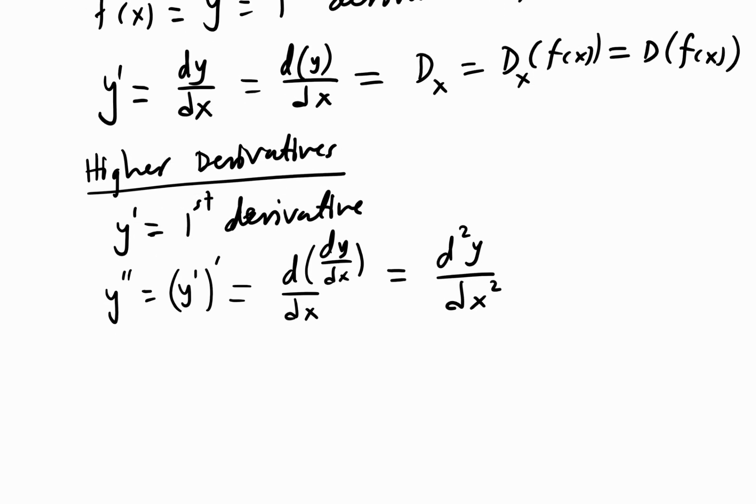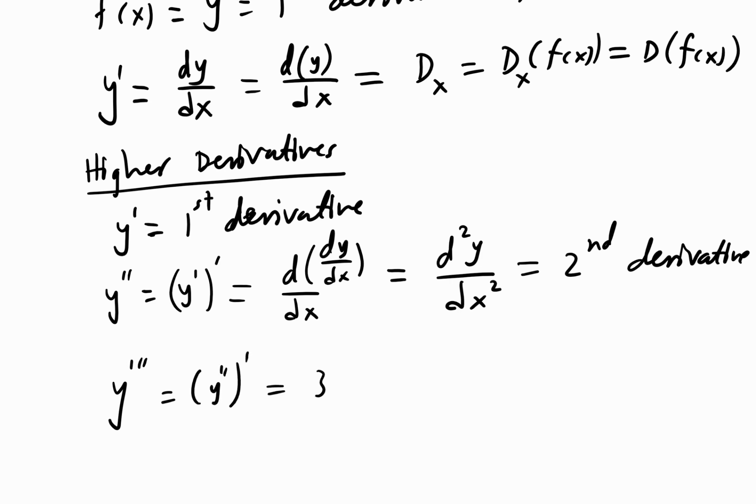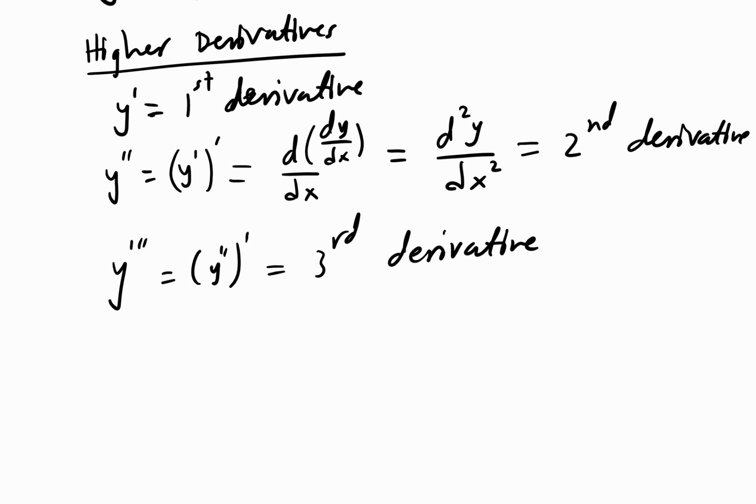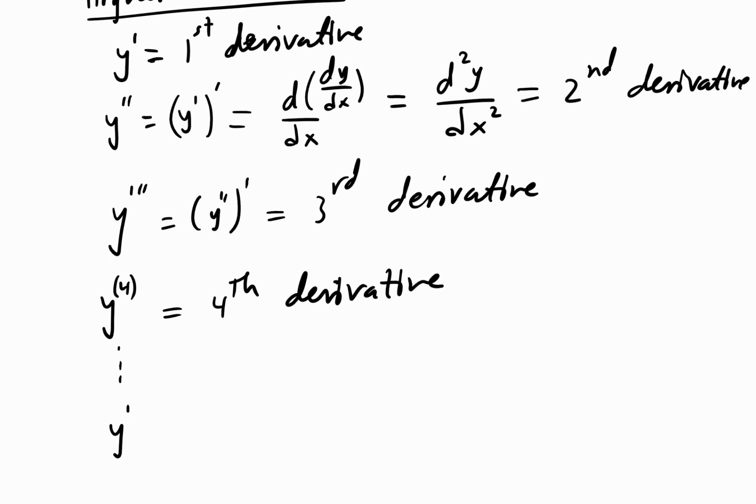That's the second derivative. We have y triple prime, the derivative of the second derivative, so that's the third derivative. Y to the fourth is the fourth derivative. We can go to the nth derivative.